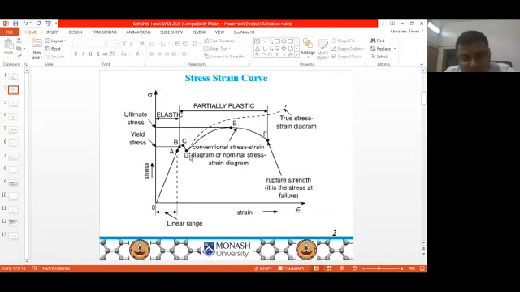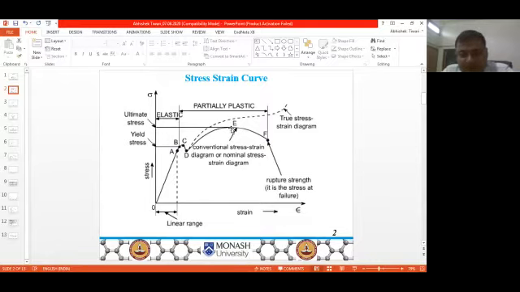That means we have sufficient strain now, and the sample is hardened due to strain, and we reach a point E, that is called ultimate strength. So ultimate stress, also called ultimate strength, is the maximum stress that a specimen can bear without failure.